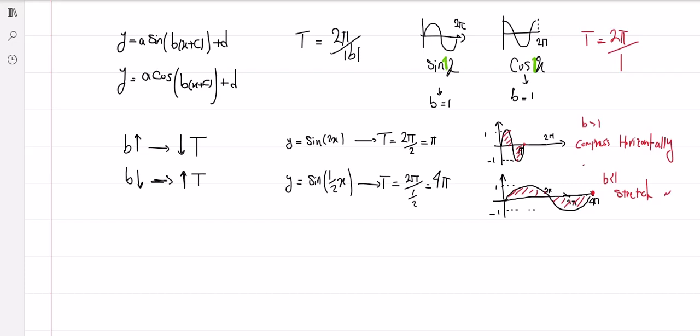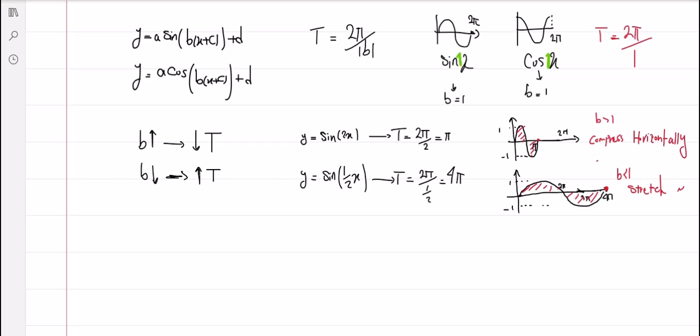And based off that, it has higher frequency. So if you need a high frequency wave, we can use a higher b value. And if you need a low frequency wave, we can use a lower b value. So based off the frequency that you need in a real life scenario, you can control the b value. It is crucial for designing stable structures, efficient communication systems, and medical diagnosis, for example.